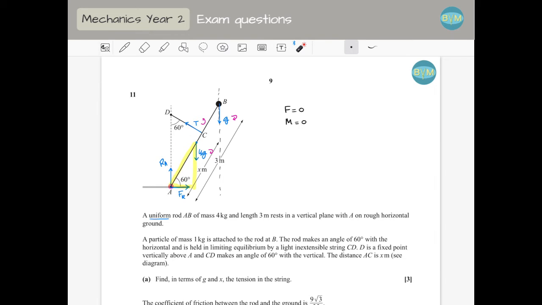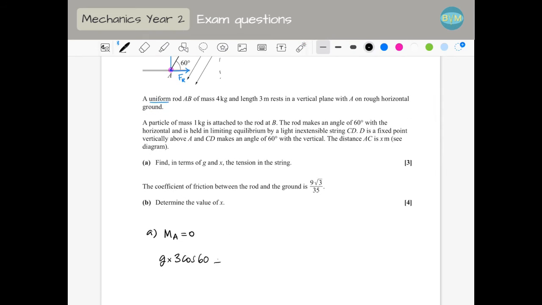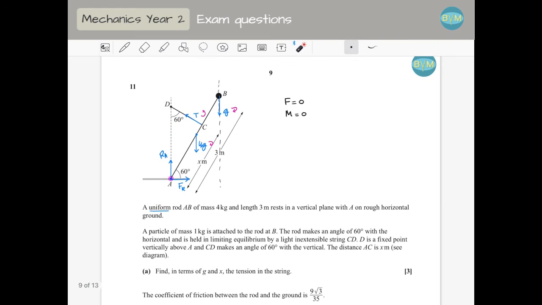The hypotenuse is half of the rod because it's uniform and this is the midpoint. So it's going to be 1.5 cos 60 times 4g. So the force, 4g, times 3/2 cos 60. These are the two clockwise moments.